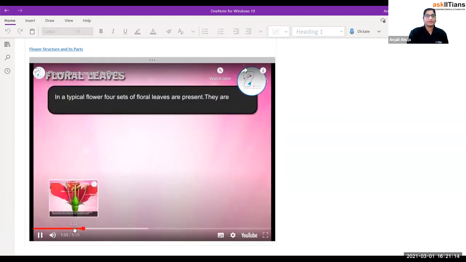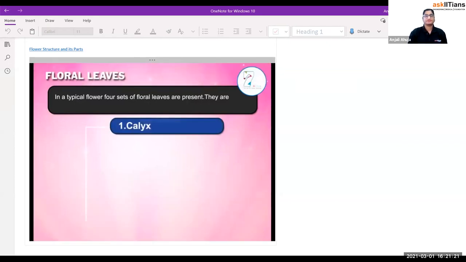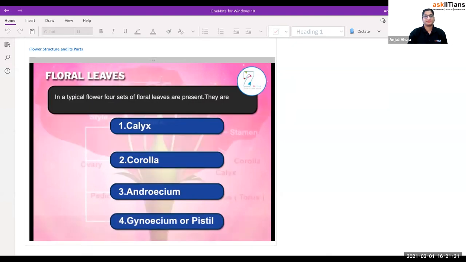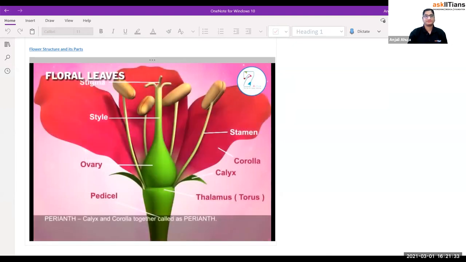Four sets of floral leaves are present. They are: one, calyx; two, corolla; three, androecium; and four, gynoecium or pistil. Calyx and corolla together are called perianth.